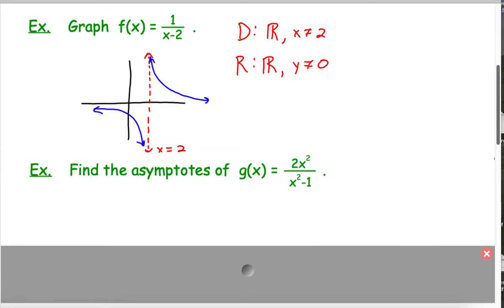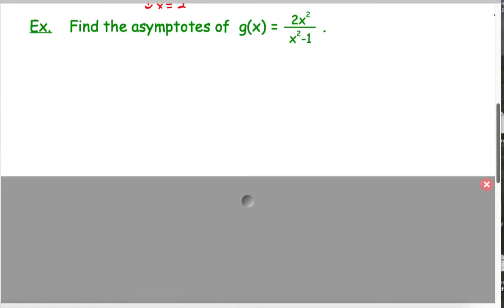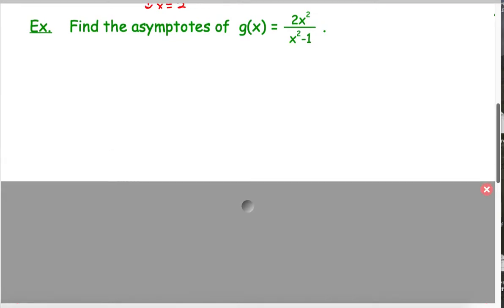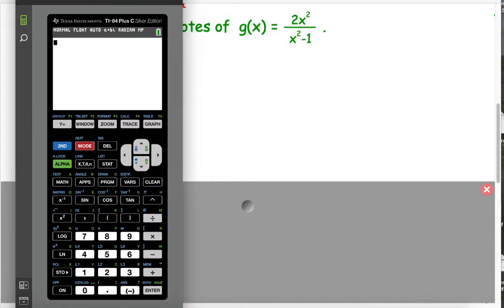What if I had a more complicated function? How about 2x squared over x squared minus 1? Well, let's use a calculator to get us a quick picture of this. And we got 2x squared divided by, use parentheses, x squared minus 1.